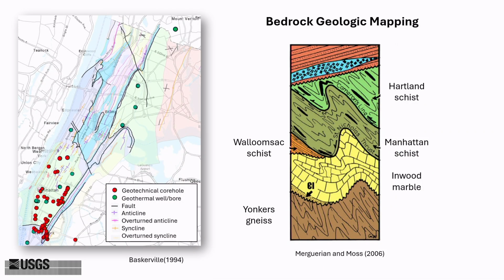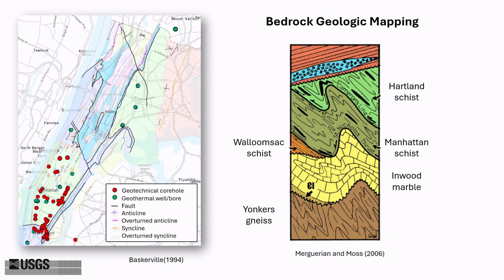So we've digitized available bedrock maps in our three study areas. Obviously, the Manhattan Prong area is the most geologically complex from a bedrock perspective, with faulted and folded metamorphic rocks, including schist, marble, and gneiss.